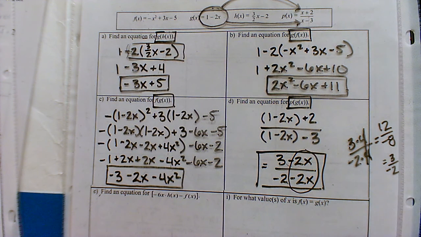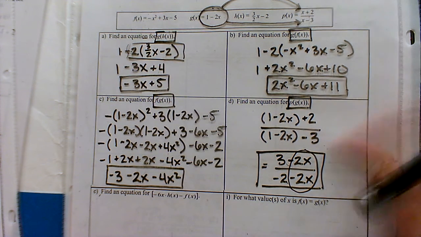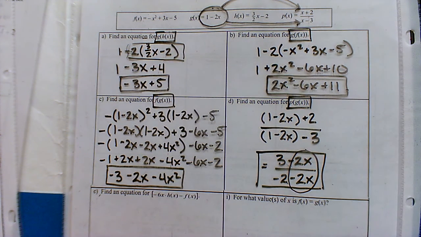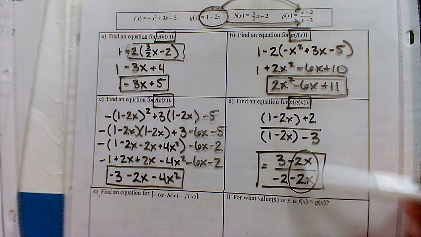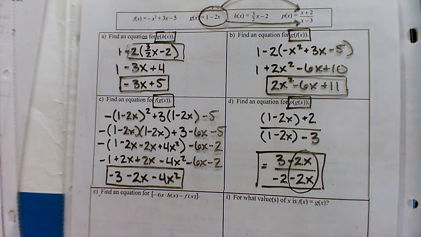The only way you can cancel with division is if things are being multiplied together, not being added or subtracted. That's a common mistake I see kids make all the time, and I'm sure it's going to happen again this year. We're going to see other instances where they do not cancel, so just as a little warning, be aware of that.